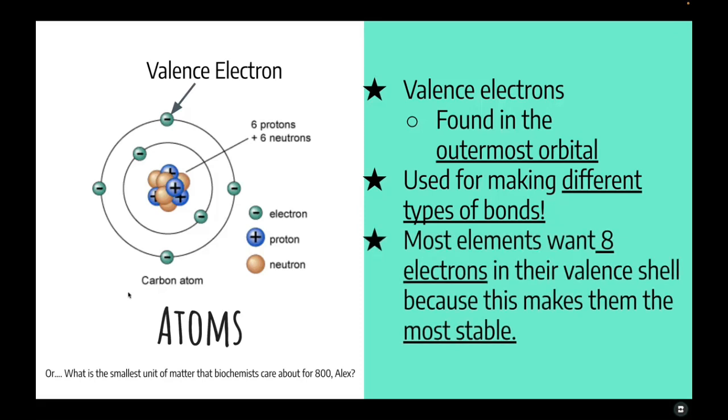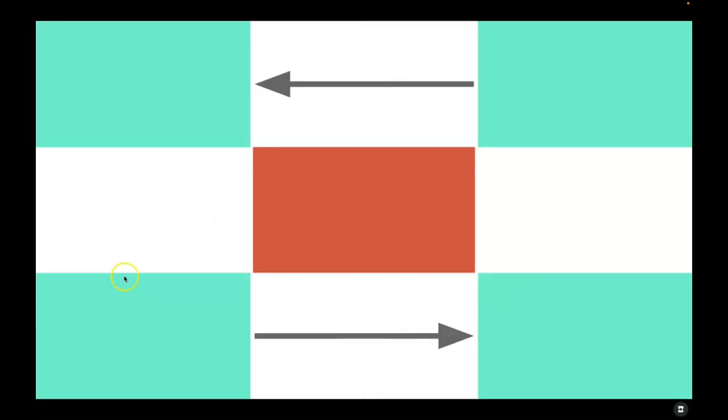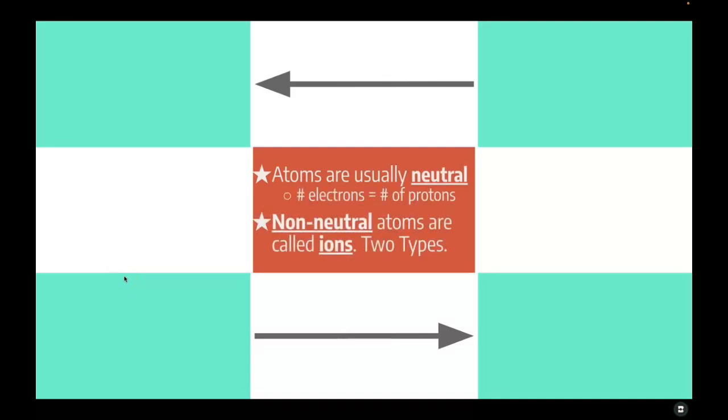So for valence electrons, the rule is that most atoms want 8 valence electrons because this makes them super stable. It's called the octet rule. And atoms are usually neutral, but sometimes atoms don't stay neutral. When they gain or lose electrons, they become ions. So there are two types of ions.